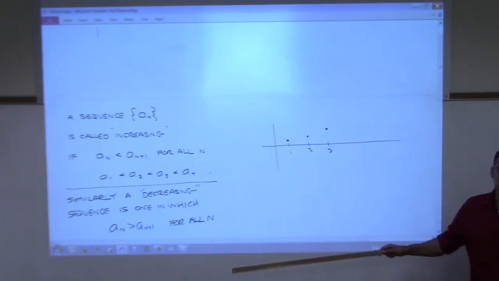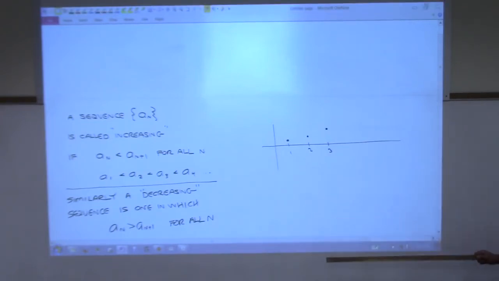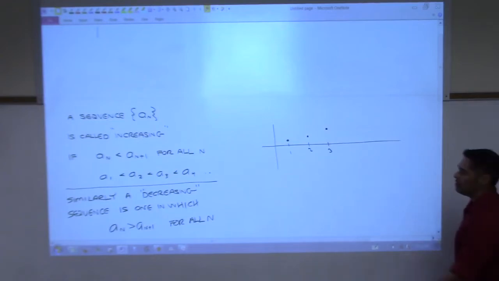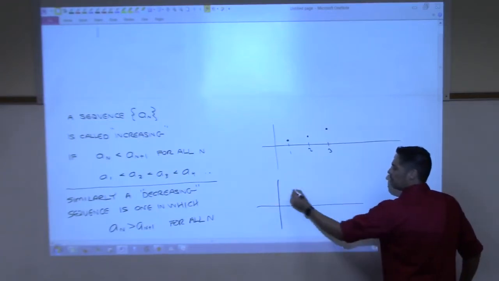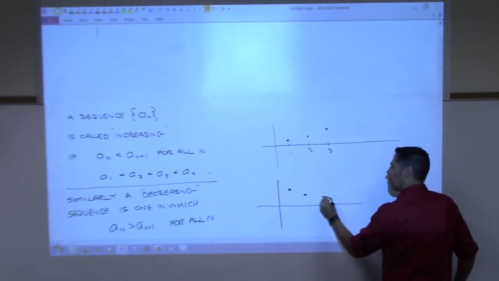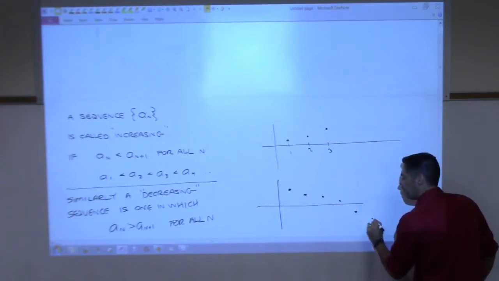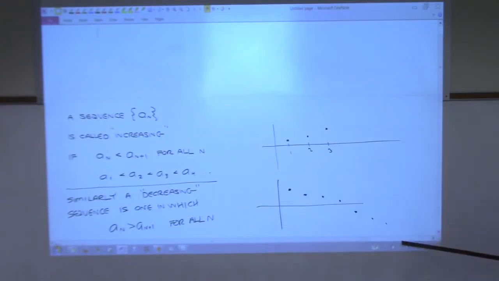So that means the first one's bigger than the second one, which is bigger than the third one, which is bigger than the fourth one. And so that sequence would look something like this. It's decreasing. So that's just definitions there.